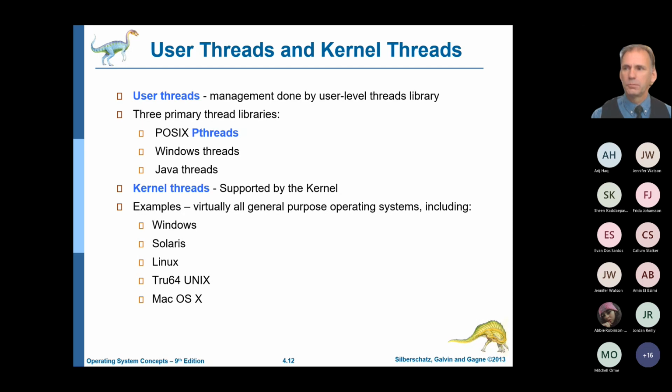Why? Because the kernel knows what's going on. It knows how many threads it can execute at once. There's no point in you as a programmer launching 64 threads if you've got a 2-core CPU. I mean, you can launch them all you want, but you're still not going to run 64 things at once.